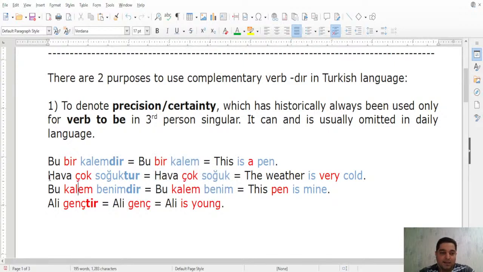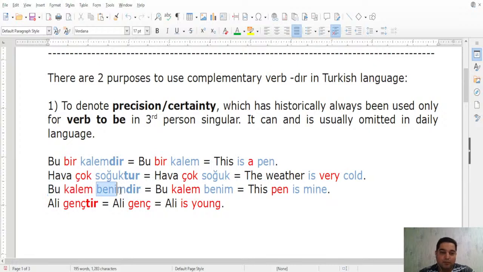Look at the second sentence. Hava çok soğuktur has exactly the same meaning as hava çok soğuk. There is no difference. Of course, if we mean precision and certainty, it means basically the weather is very cold. The third example is bu kalem benimdir.